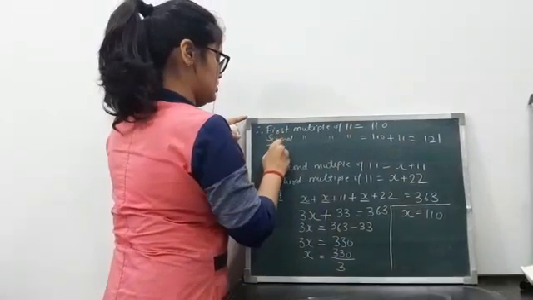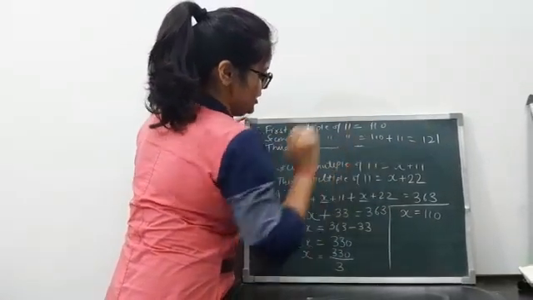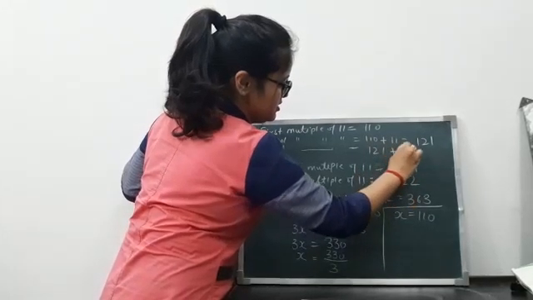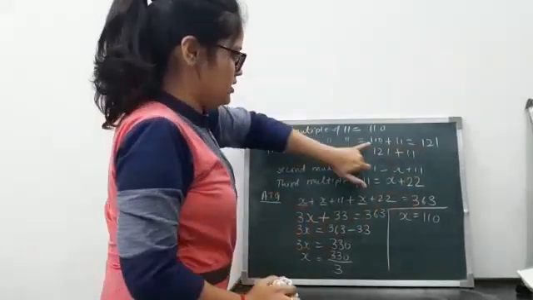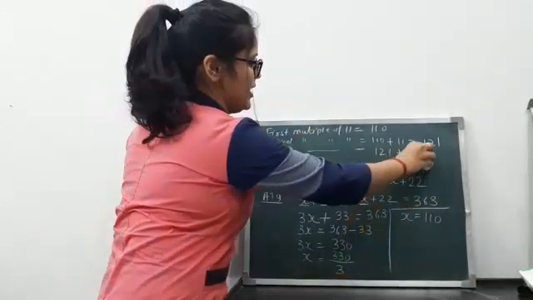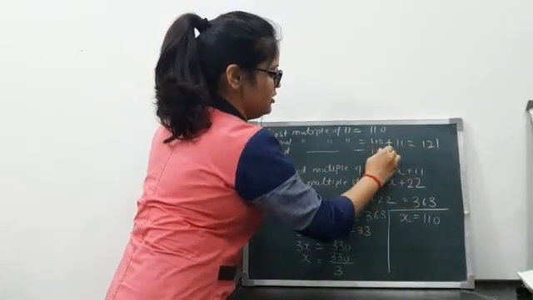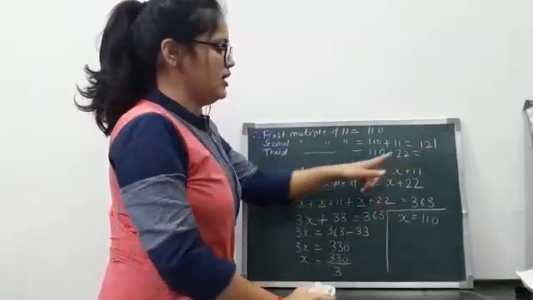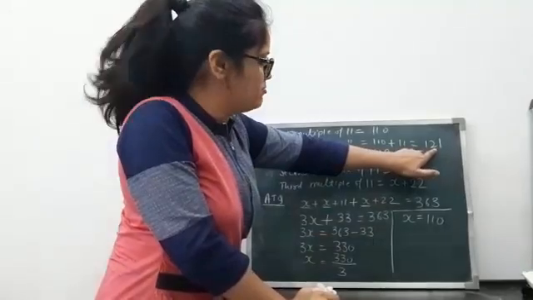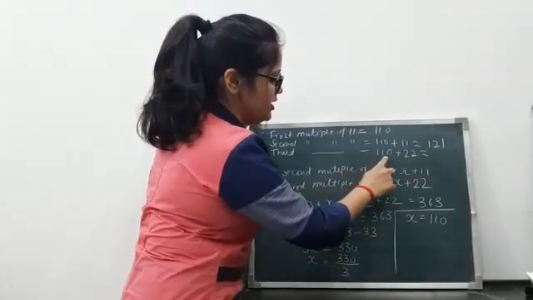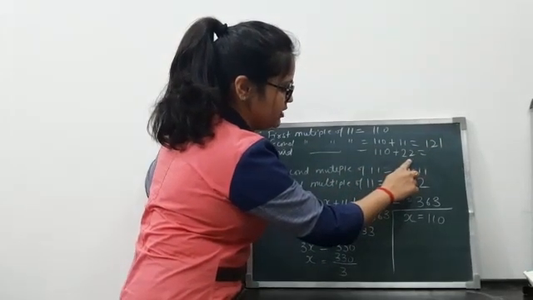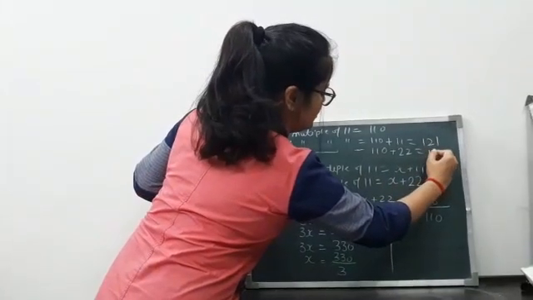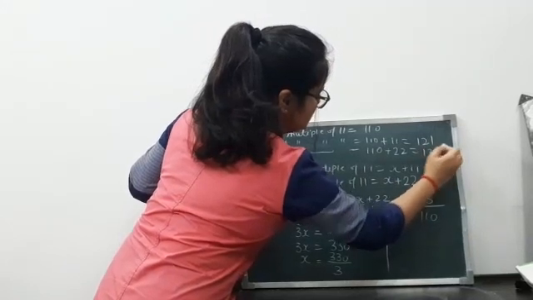Now the third multiple of 11 is equal to this number plus 11. There are two methods. Either you can take x plus 22, which means the value of x, 110, plus 22, or you can directly add 11 to the previous number. So 110 plus 22 is equal to 132.